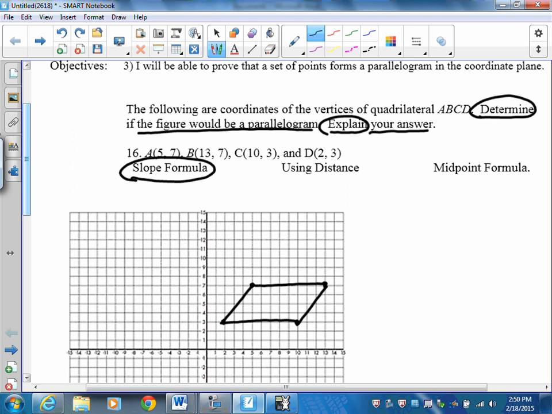The first one's going to be the slope formula. So the slope formula is important because opposite sides are parallel. You should remember that from the last set of notes. This is the definition of a parallelogram.